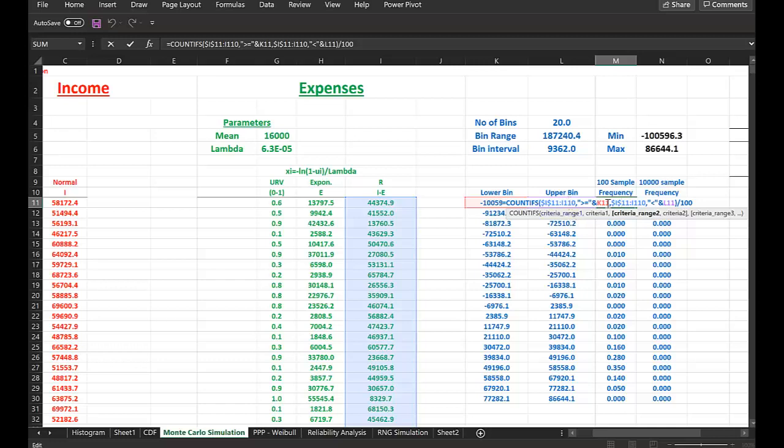We discussed this function in the last class also. The COUNTIF function requires a criteria range and then a criteria.